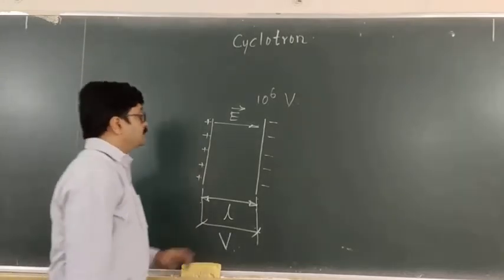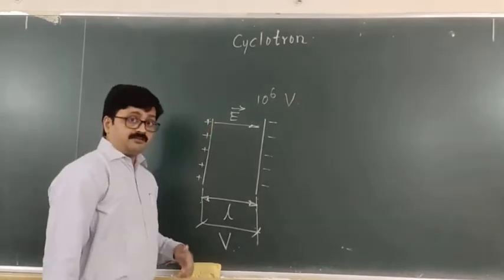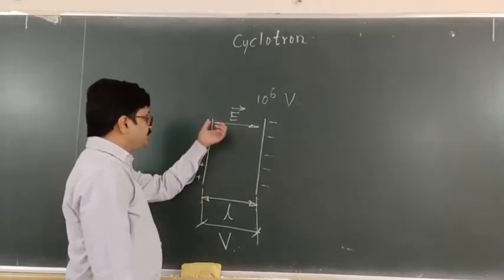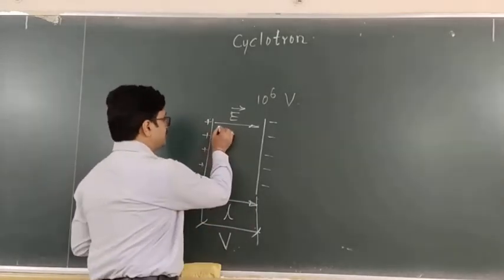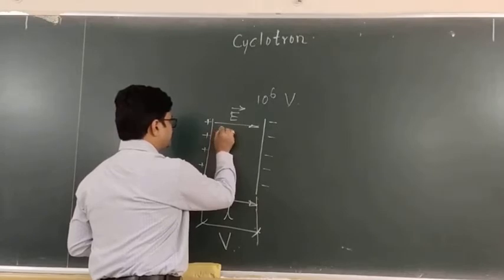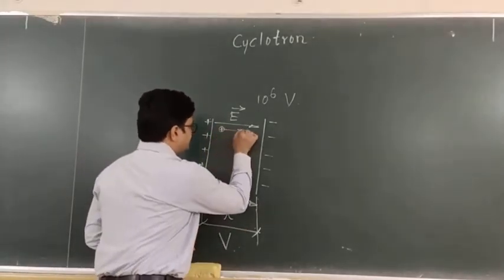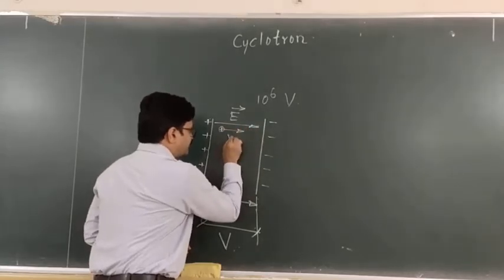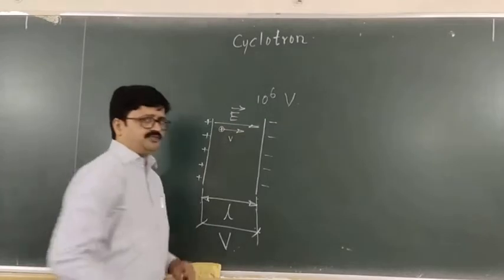Now when a positively charged particle is introduced into this electric field, naturally it will get accelerated towards the negative plate. Let us consider its velocity as small v.